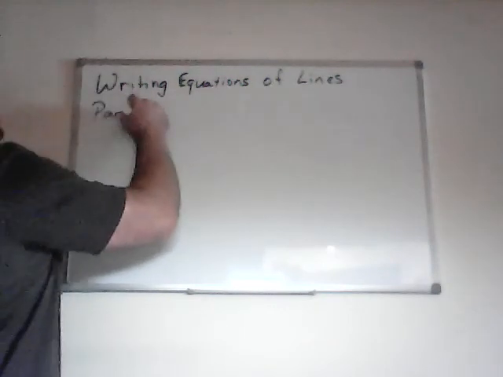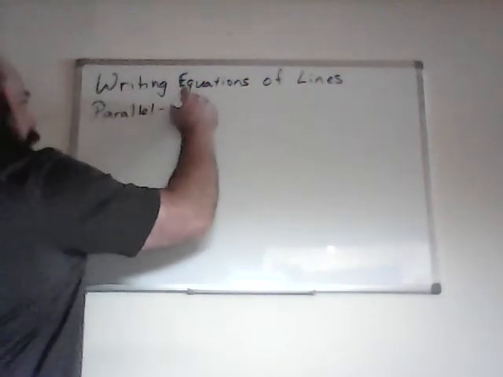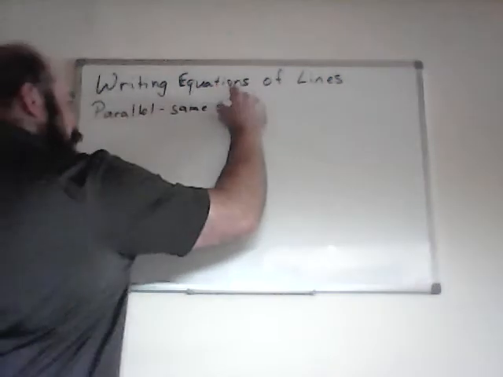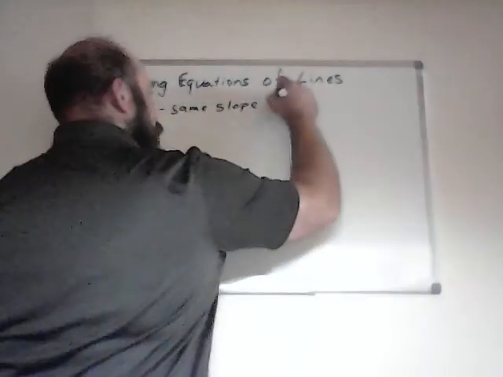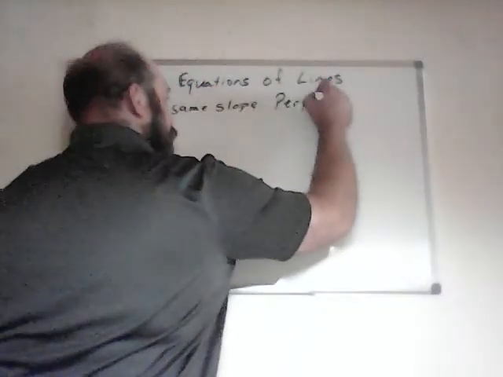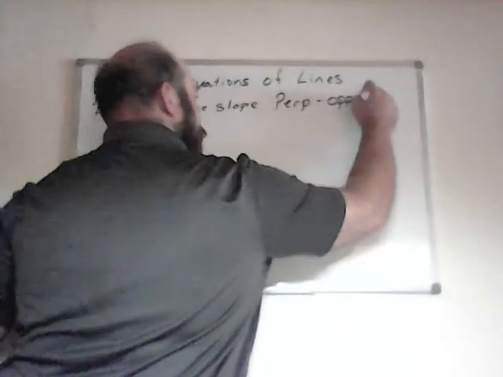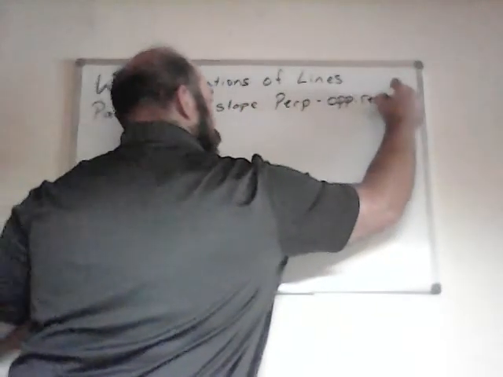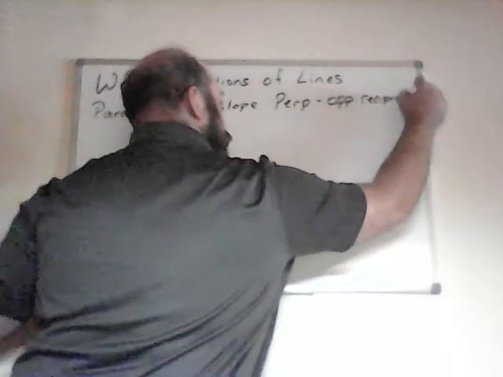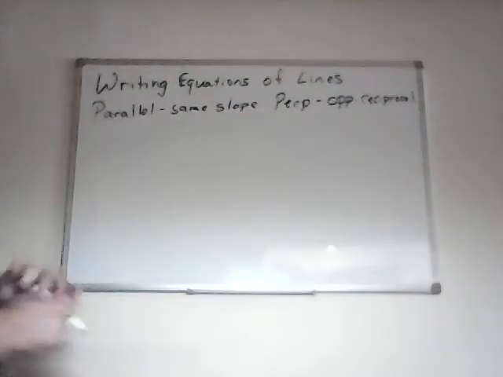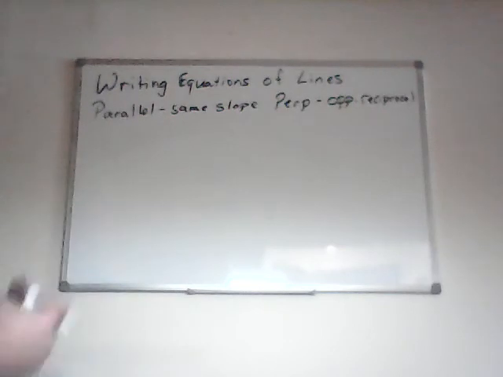So I'm going to write here parallel, same slope. Okay, and I'll just write P-E-R-P for perpendicular, and we're going to say opposite reciprocal. So as I am working through these problems, you'll be able to determine whether we're going to have to do parallel or perpendicular.